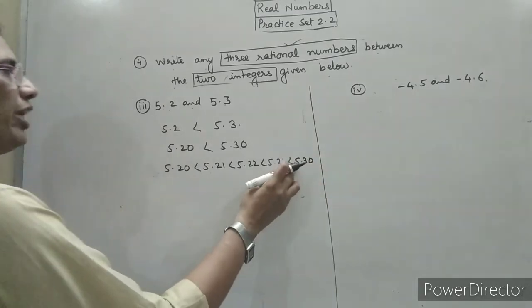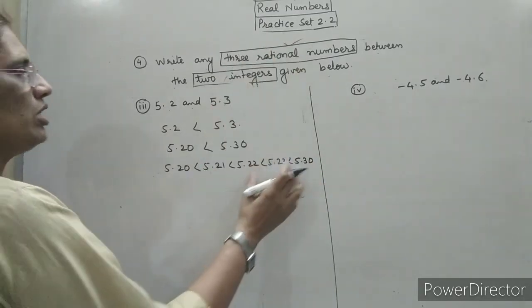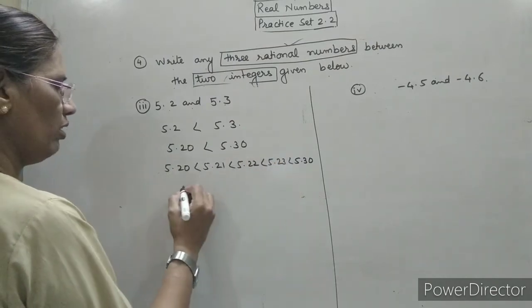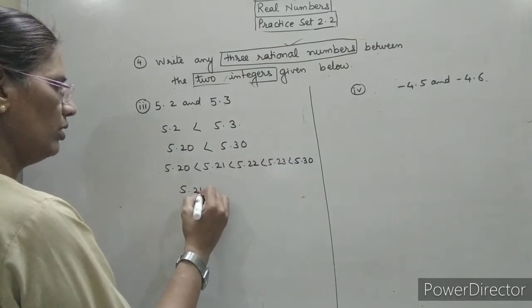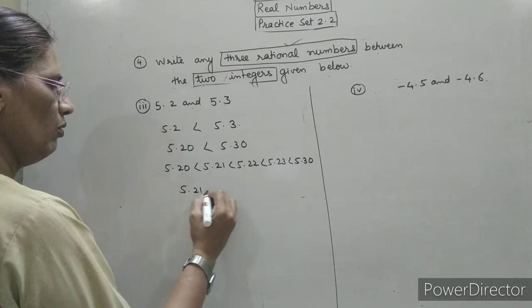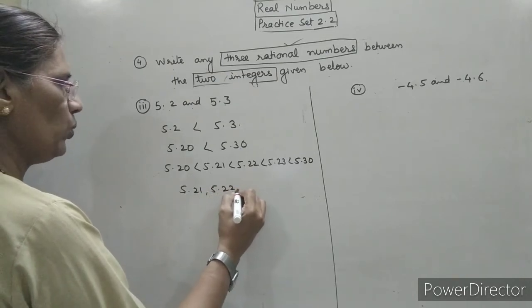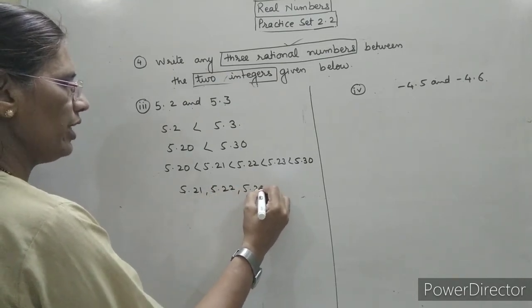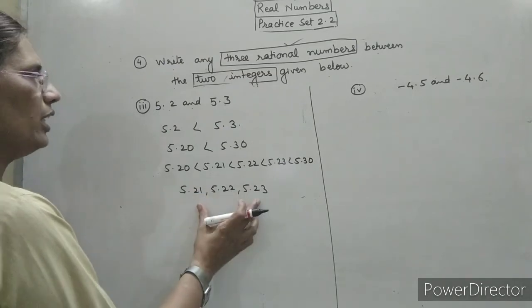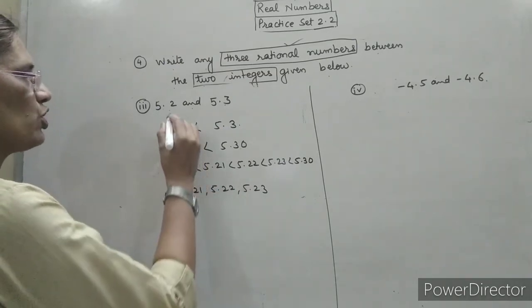You can write many rational numbers in between these two, and therefore our required answer is 5.21, 5.22 and 5.23. I have selected only 3 rational numbers between these two.